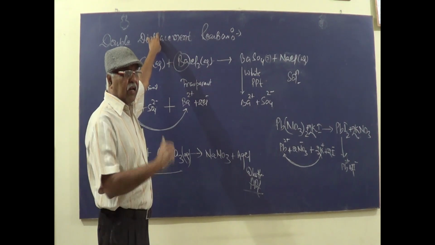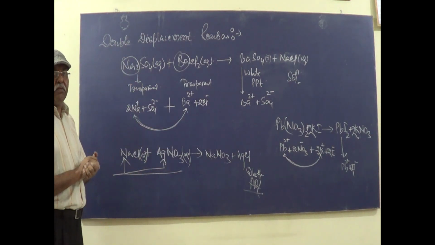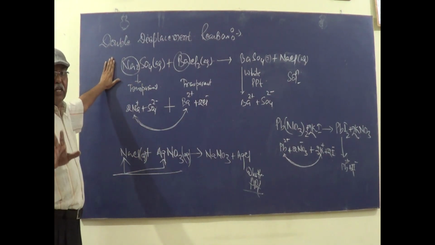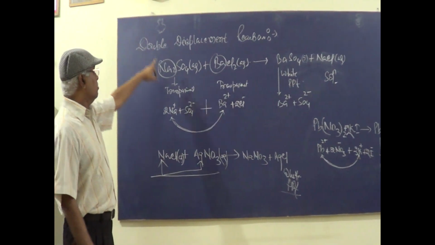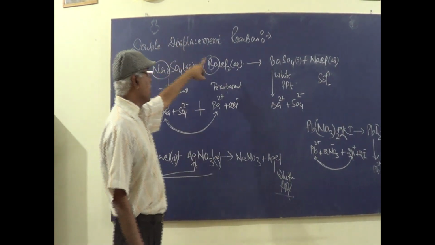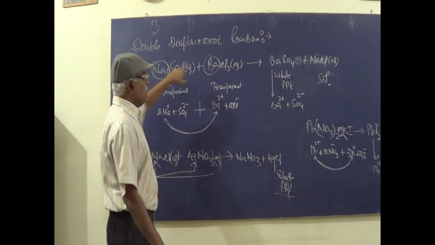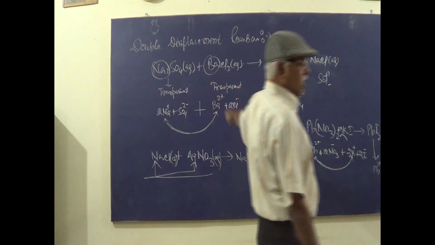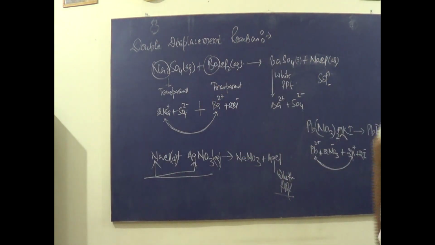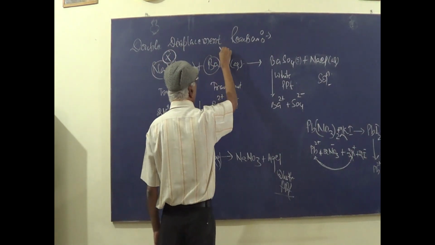They may ask you an indirect question. How can it be made? You can make this question yourself. They will ask: a compound X reacts with a compound Y, name X and name Y. I will show you with a small example.